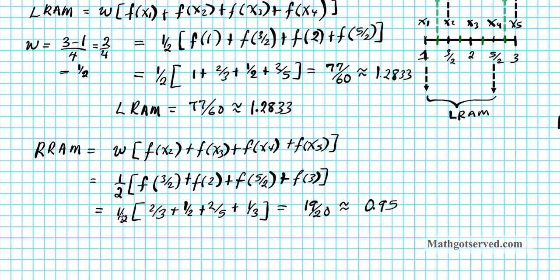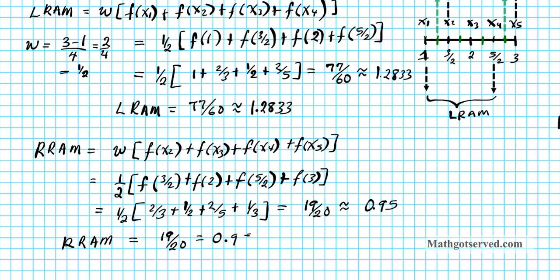So our right rectangular approximation is equal to 19 over 20 in fraction form. Actually, that's exact. It's exactly 0.95 in decimal form.